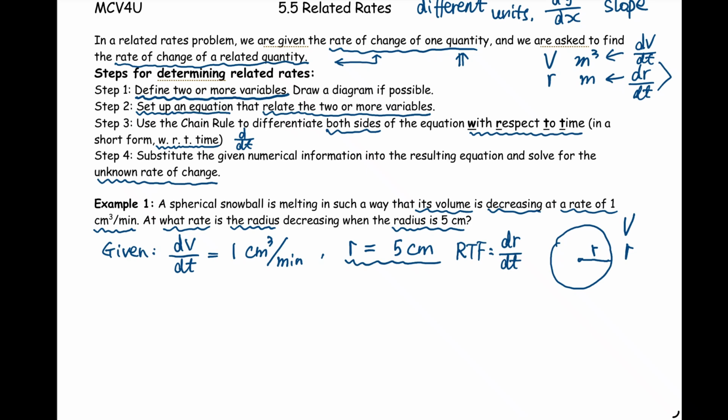Then step 2, what we are going to do is set up an equation relating the volume with the radius. So for a sphere, the volume is 4/3 pi r cubed. And this is step 2. Step 1, introduce variables and draw the diagram. Step 3, we do the derivative to both sides of our equation 1.